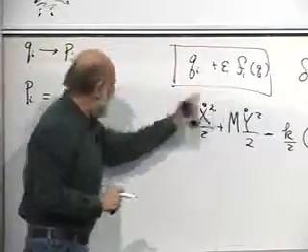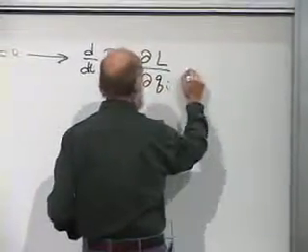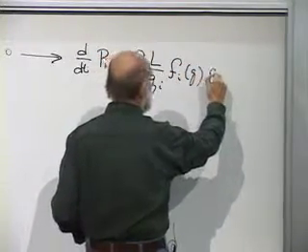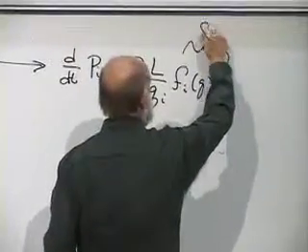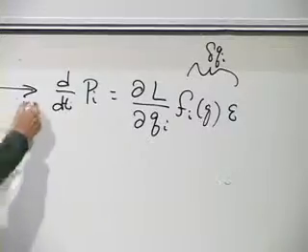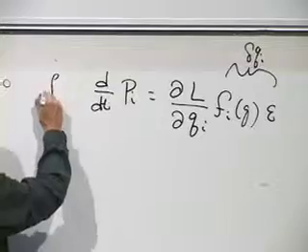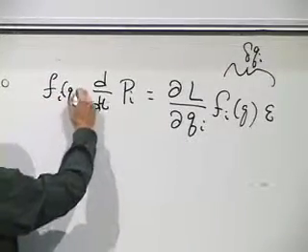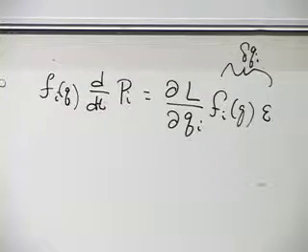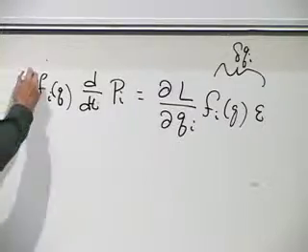I could either write delta q or I can write epsilon times f sub i of q, this whole thing being delta q sub i. Let's do it also here. You're not allowed to do something just on one side. We have to do it on both sides. Now let's sum over all the i's.